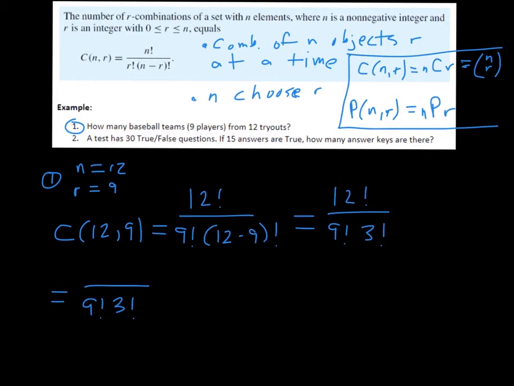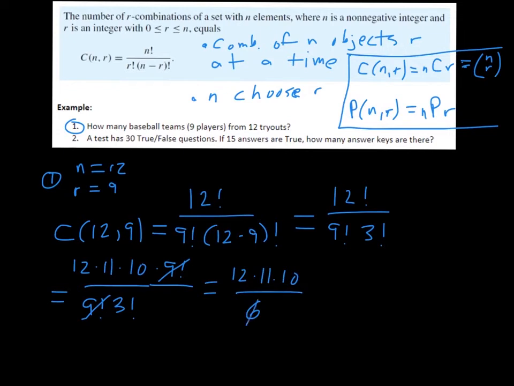But I can also write that as 12 times 11 times 10, and instead of writing out times 9, 8, 7, 6, 5, 4, I can write this as 9 factorial, because 9 factorial is 9, 8, 7, 6, 5, 4, 3, 2, 1. And now it's really clear I'll be able to cancel out the 9 factorial down here with the 9 factorial up here. So this is going to be equal to 12 times 11 times 10 over 3 factorial, which is 6.